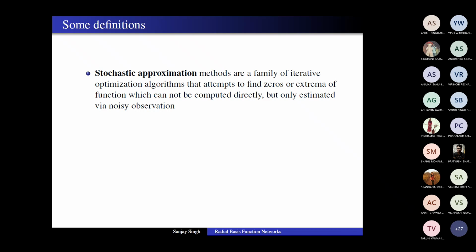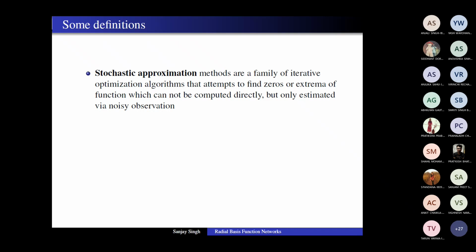Stochastic approximation methods are a family of iterative optimization algorithms that attempt to find zeros or extrema of functions which cannot be computed directly but only estimated via noisy observations. This is exactly what we are doing in the supervised training of MLP.